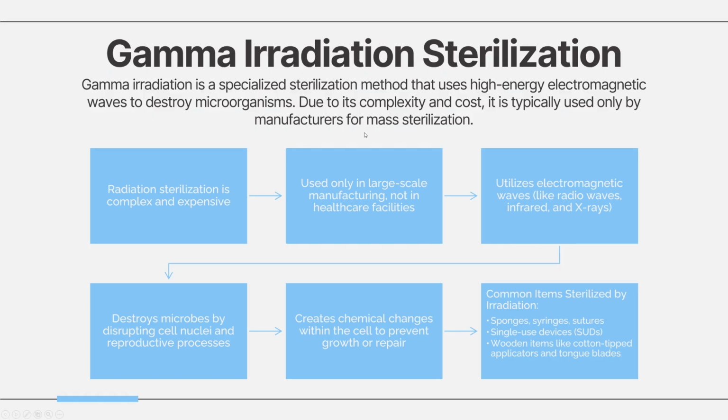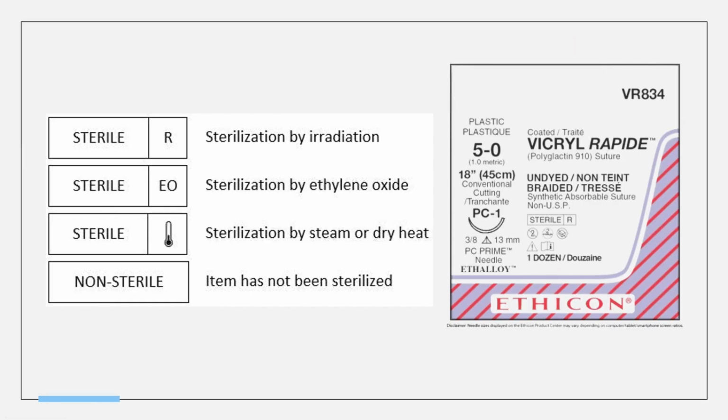So it's similar in a way to ETO sterilization. This is what they would use when sterilizing disposable instruments that are being sent to hospitals, such as custom packs, for example. And this is a common thing you will find in disposable items.